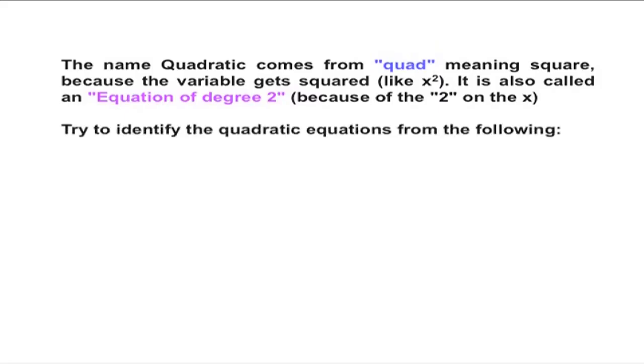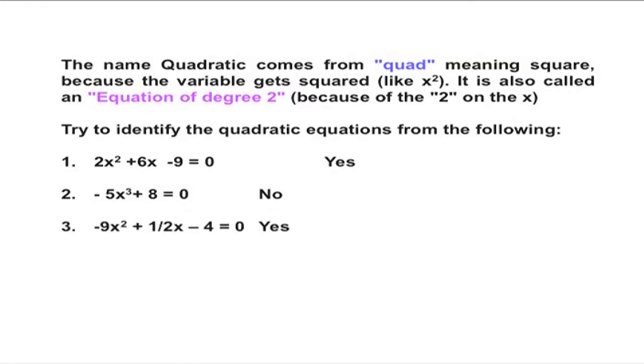Now you try to identify quadratic equations from the following equations. 2x² + 6x - 9 = 0 is a quadratic equation. Again, the second equation, -5x³ + 8 = 0, is not a quadratic equation because here the highest power of variable x is 3.